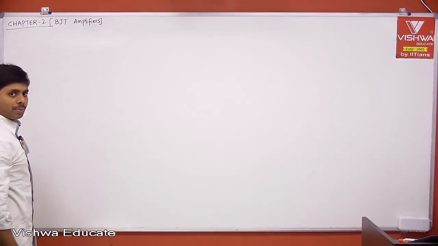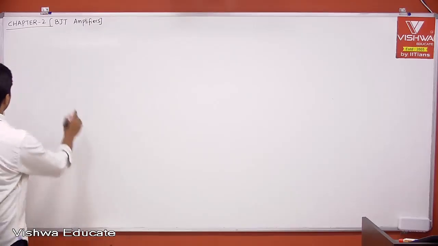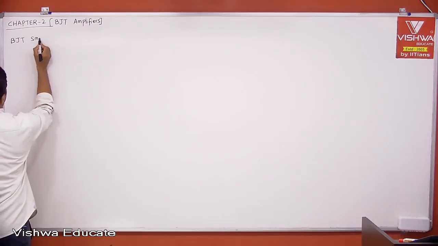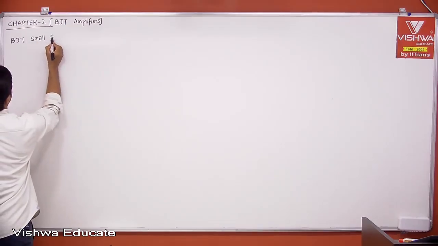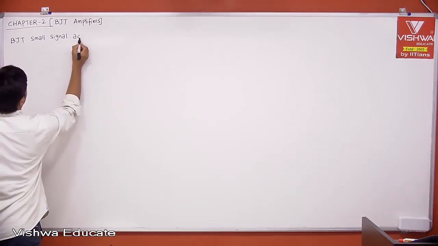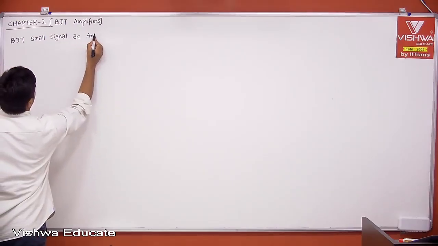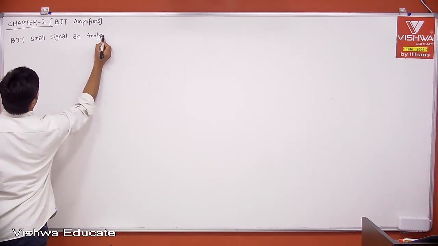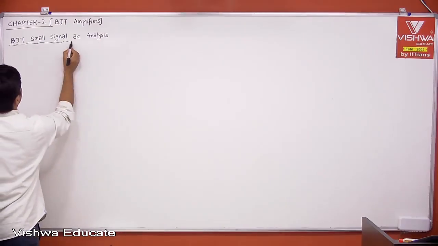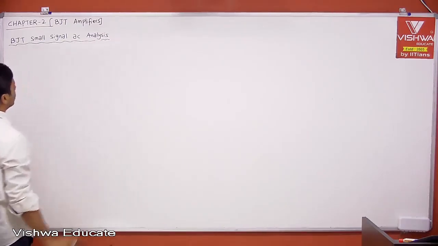If you ask me the topic we are seeing, it is small signal AC analysis of BJT. This is the topic which you are looking for. I think it is almost done.